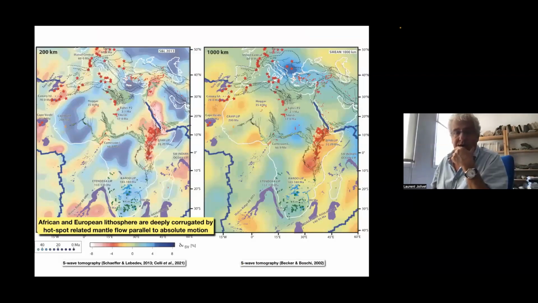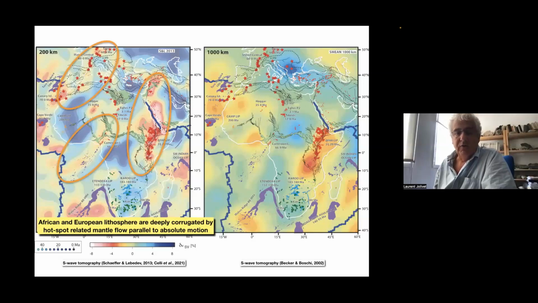Then if we look still at the larger picture, we see that the African and European lithosphere on the left panel here, that's the S-wave tomography by Scheffer and Lebedev at 200 kilometers. We see that the African and European lithosphere, they are deeply corrugated by hotspot-related mantle flow. That is parallel to the absolute motion as we saw just before.